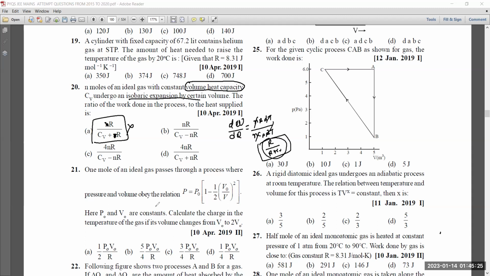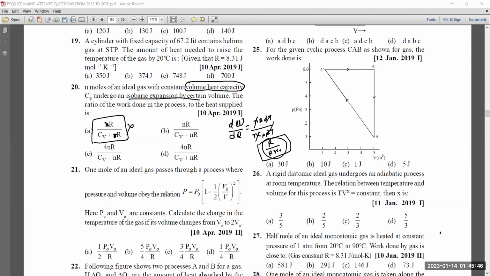Look at question 21. One mole of gas passes through a process.